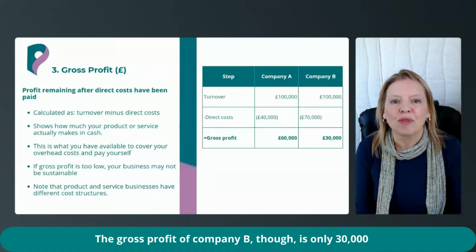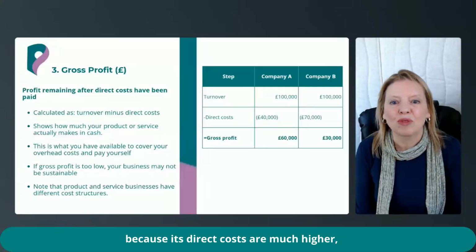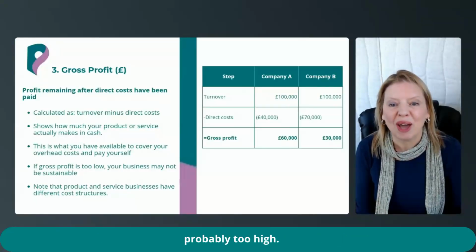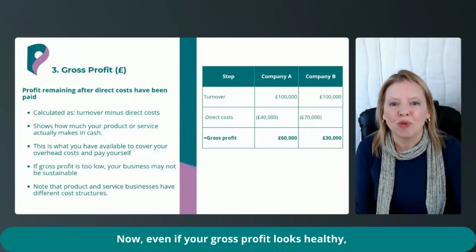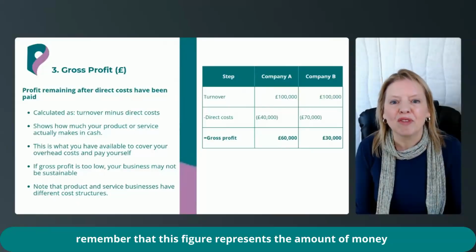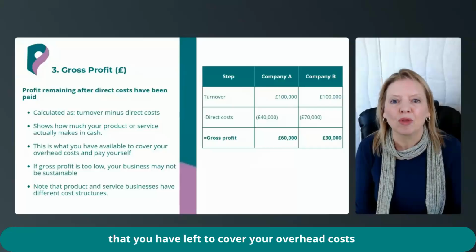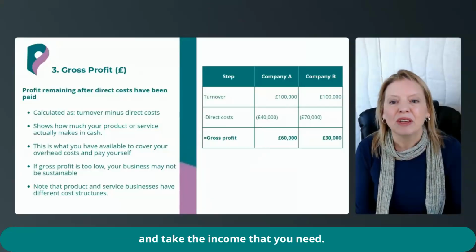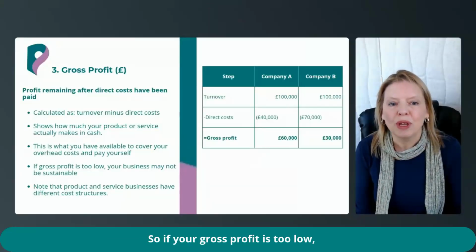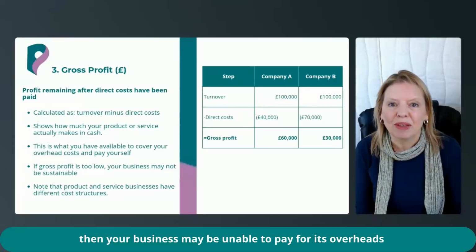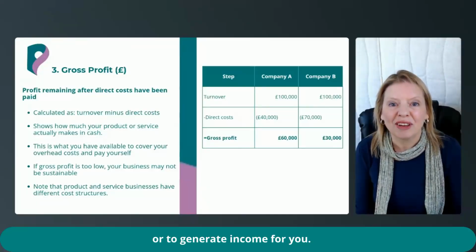The gross profit of company B, though, is only £30,000 because its direct costs are much higher, probably too high. Now, even if your gross profit looks healthy, remember that this figure represents the amount of money that you have left to cover your overhead costs and take the income that you need. So if your gross profit is too low, then your business may be unable to pay for its overheads or to generate income for you.